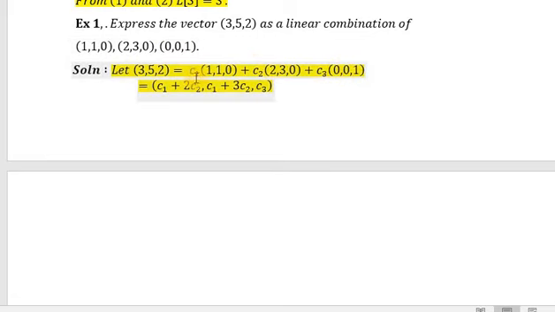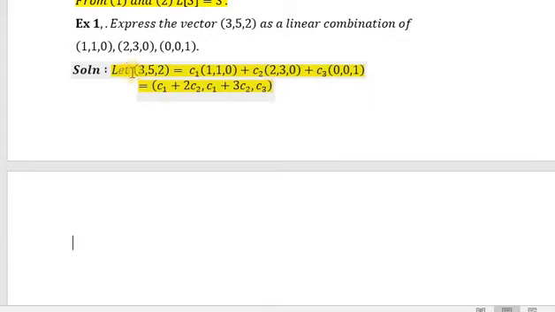Now, taking the corresponding elements, c1 times 1 gives c1 as the first term, c2's first term is 2c2, and c3's first term is 0. So the first term of the vector is c1 plus 2c2, the second term is c1 plus 3c2, and the third term is c3. So (3, 5, 2) is equal to (c1 plus 2c2, c1 plus 3c2, c3).